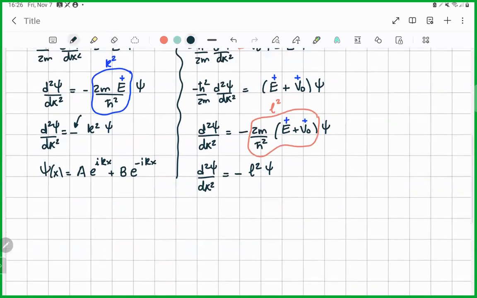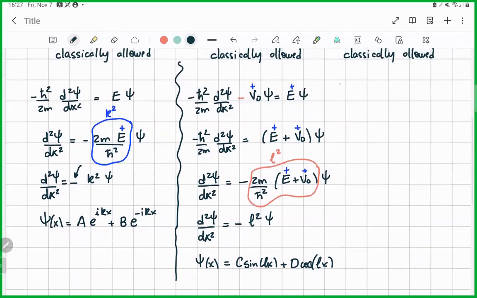And that's what we are going to do. So the solution is going to be C sine of Lx plus D cosine of Lx. Very good. And now we go to the last region, region 3.